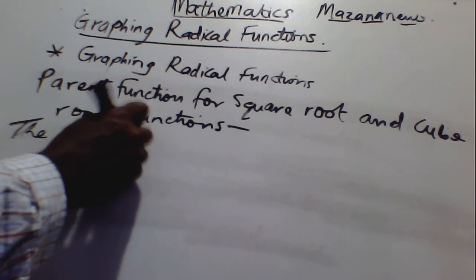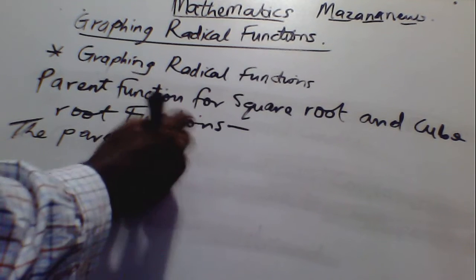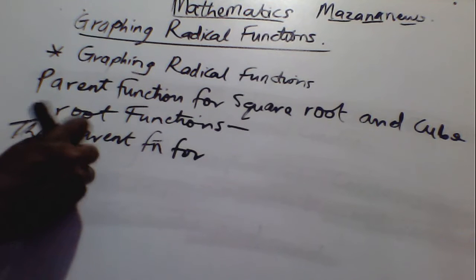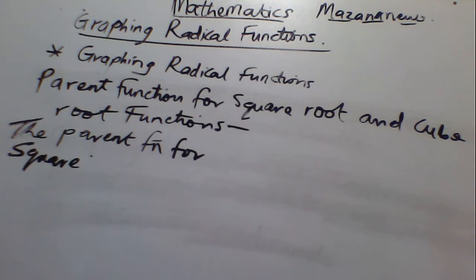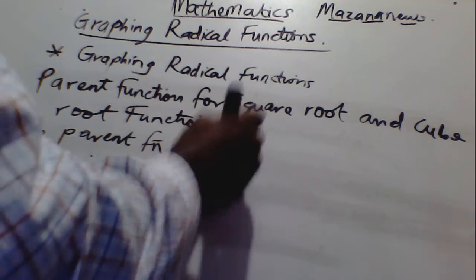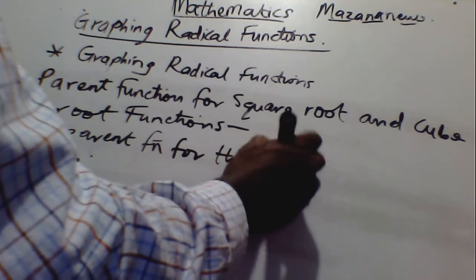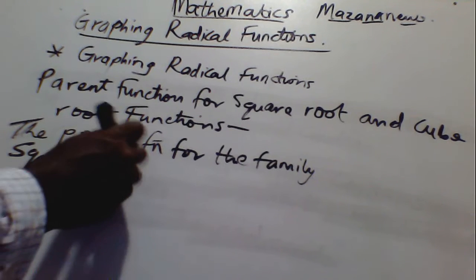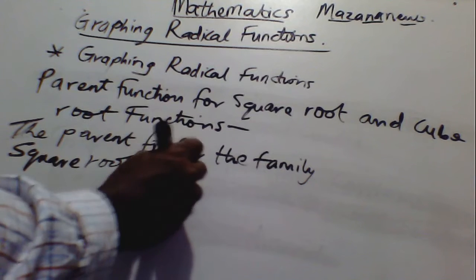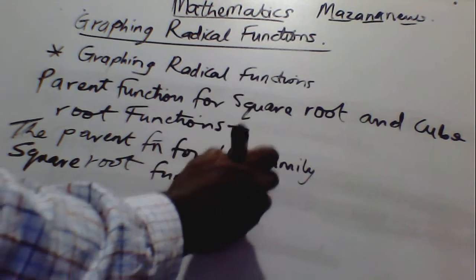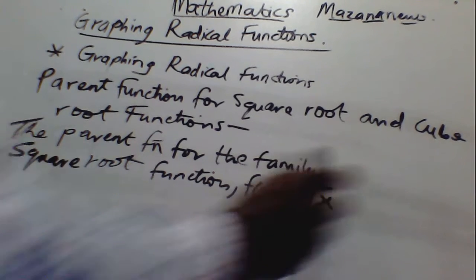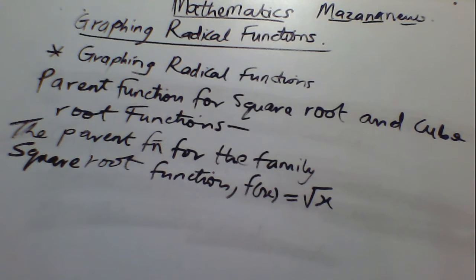The parent function for the family of square root functions is f of x equals the square root of x. This is the parent function for the family of square root. You have to know this.